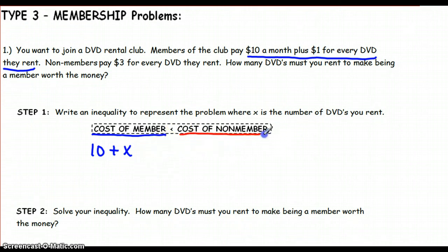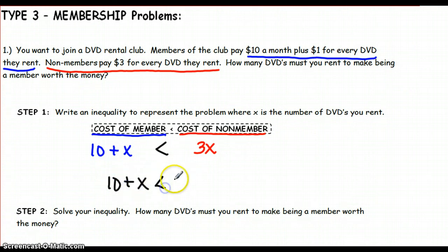Our non-members we talk about in sentence 3. Non-members pay $3 for every DVD they rent. So instead of having a flat fee that $10, they're simply paying $3 for each DVD they rent. Now we want to know when will the cost of being a member actually be less than the cost of being a non-member. So here's our inequality. 10 plus X is less than 3X.